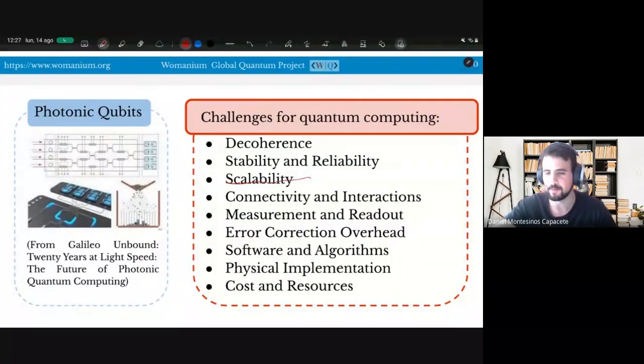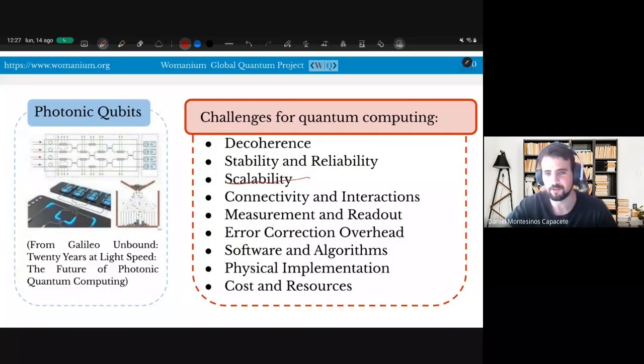It cannot, for example, yet break the normal cryptography that we use in our classical computers. So there is not yet such a powerful quantum computer due to this scalability issue.